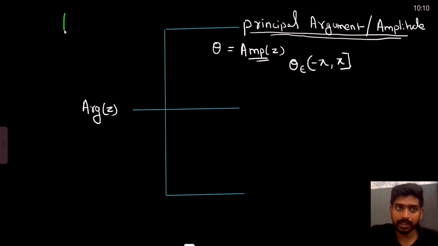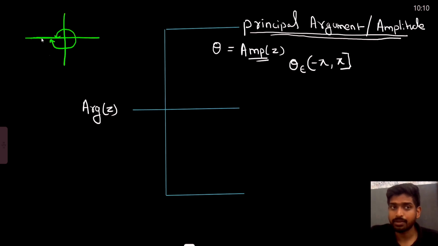Suppose I make a complex plane, where will this angle minus pi lie? Minus pi means in clockwise direction we will measure from here to here. It will cover the fourth quadrant and third quadrant from minus pi to pi. Pi means 0 to 180 degree. And this line is 180 degree, right?